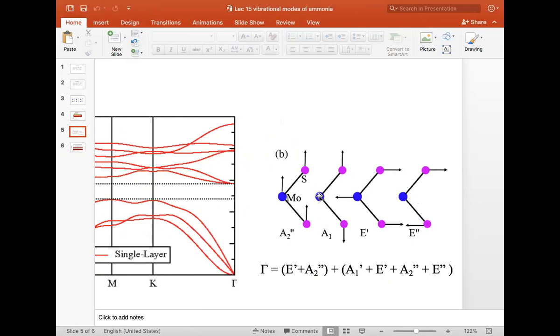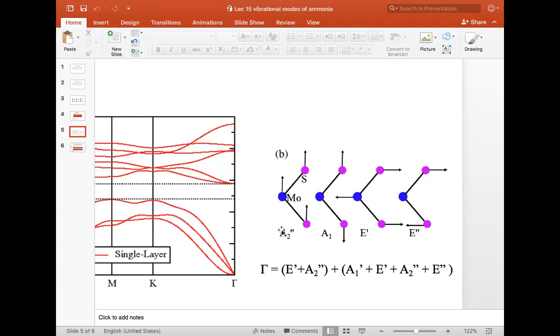A1 means the Mo atom does not move. The two S atoms, one moves up, the other moves down. Okay, you can see that in this whole process, the whole symmetry of the crystal does not change because it's stretched like this. All the rotations and reflections are all preserved. So this belongs to what? The identity representation. So A1 is the identity representation.